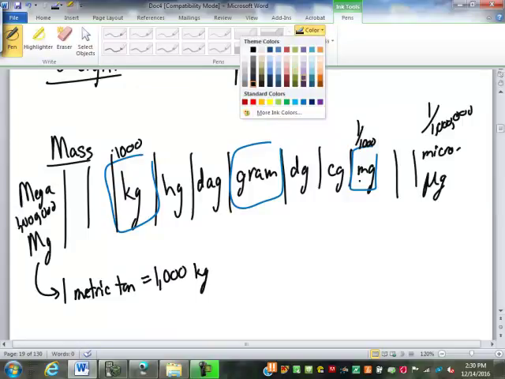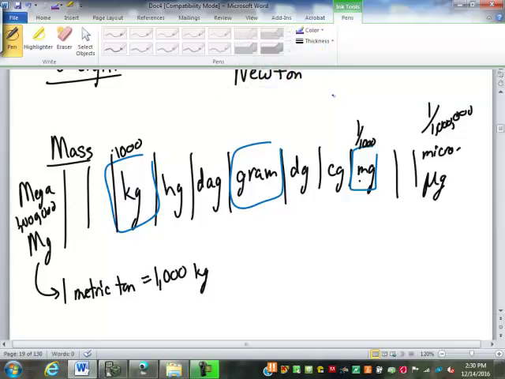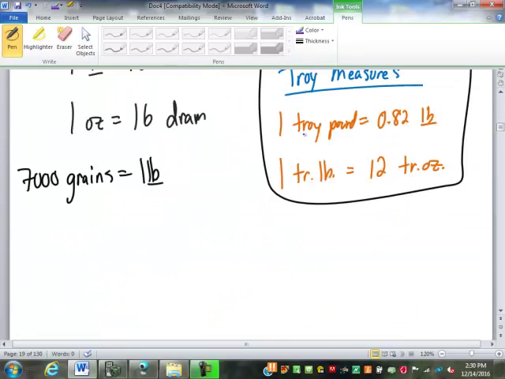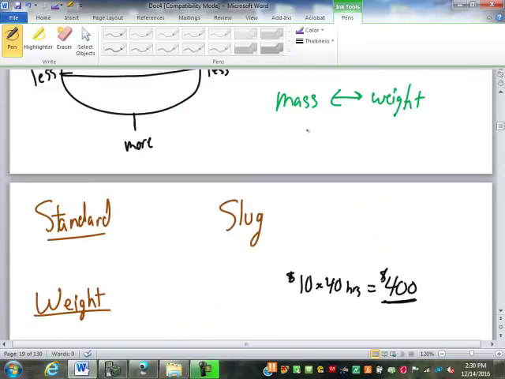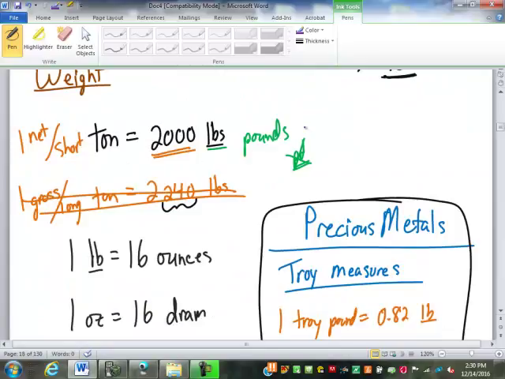Now, of course, the conversions are going to work the same way. One of the great things about the metric system, I said it was a planned system. If we were looking at the standard system, we had 231 cubic inches in a gallon. And if we wanted to do pounds, for water, there's 8 pounds per gallon.